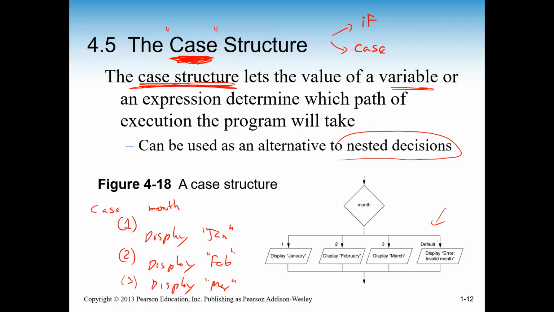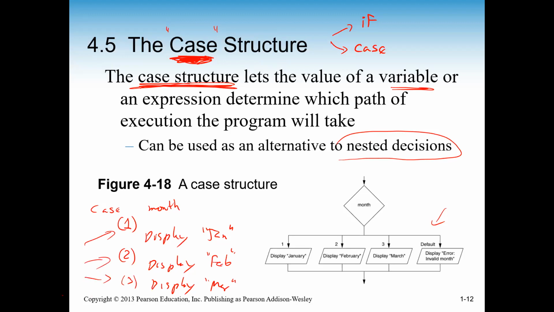But what about, let's say you were calculating tax nationwide, and every state could have a different tax rate. There's 50 states, right? So now you would have to have a case structure for 50 states. So one of these for every state, that's 50 of these.